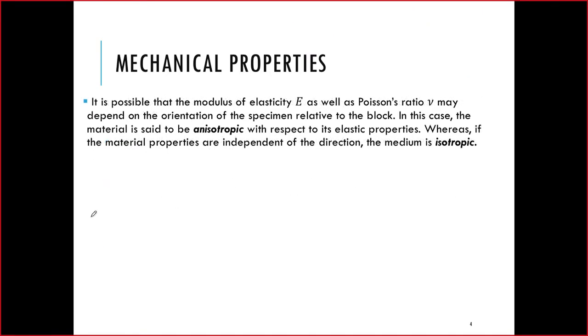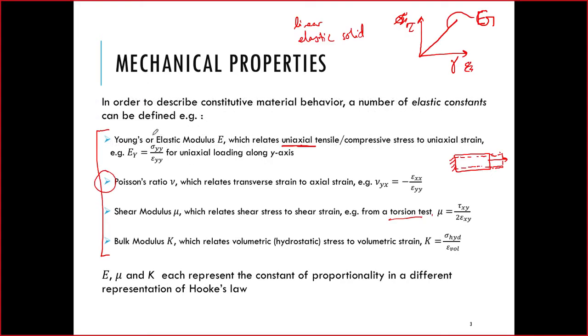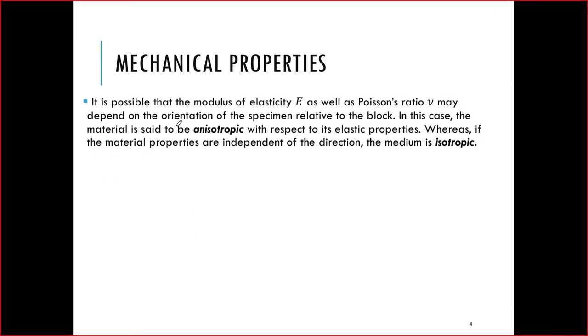So let's move on to clarifying some further things about when we're describing a material. There are a few other things that need to be clarified. So first of all, if these material parameters that we've just discussed, for example, the Young's modulus or the shear modulus, if the material has one Young's modulus in one direction and a different Young's modulus in another direction, then the material is said to be anisotropic. मतलब ये anisotropic.